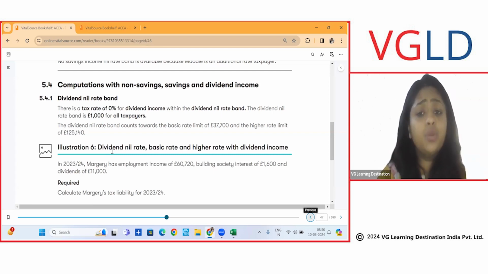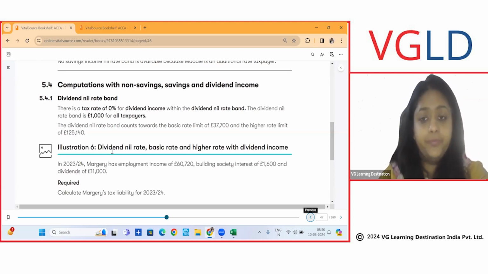If you have any questions, any queries, if you are stuck anywhere, just type it in the chat box. I'll guide you. Any slab rates you want to know, just ask me in the chat box.